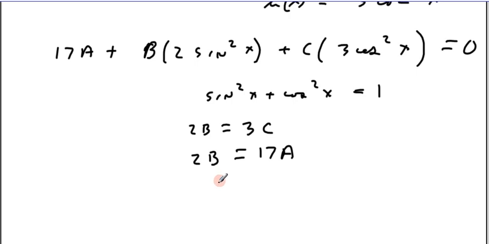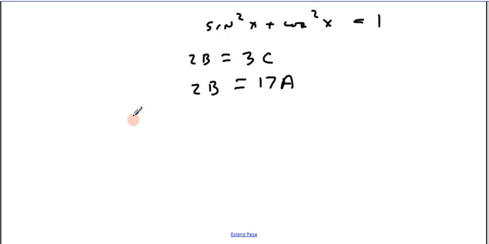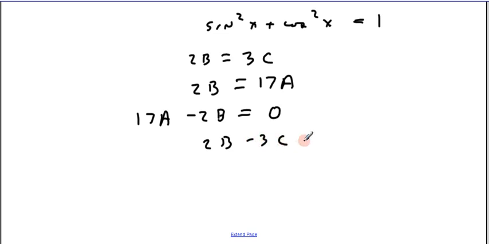Okay, so that has to be the case too. So how are we going to do that? Again, we have 2 equations, 3 unknowns. So I got 17a minus 2b is equal to 0, and I have 2b minus 3c is equal to 0, and I have 0, 0, 0.